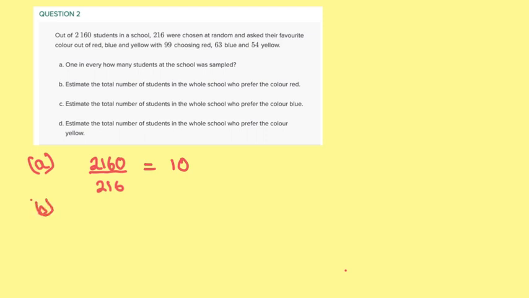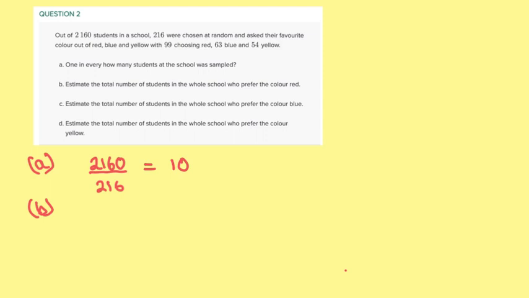B. Assume that the sample was a fair representation of the school, i.e. the rest of the school would have chosen red as their favourite colour in the same proportion. We know that 1 in every 10 students were sampled, meaning the school is 10 times as big as the sample.